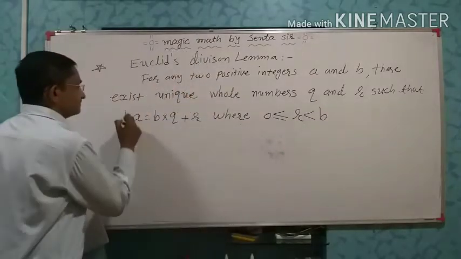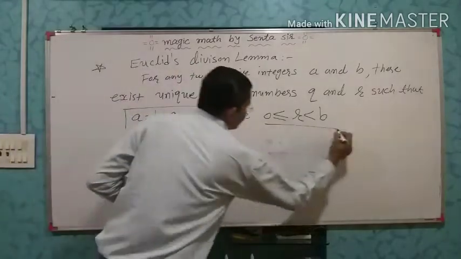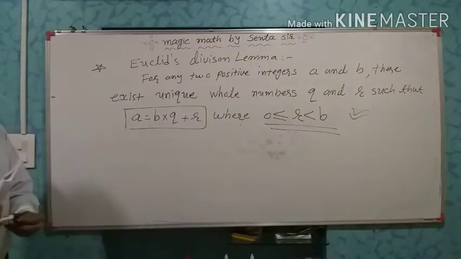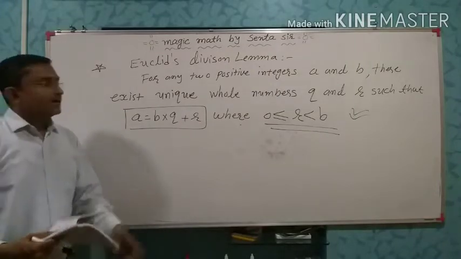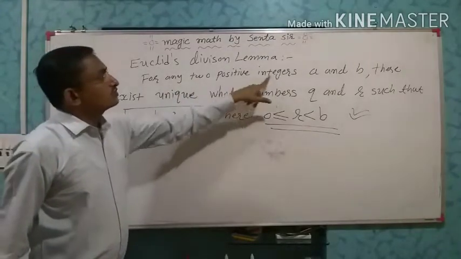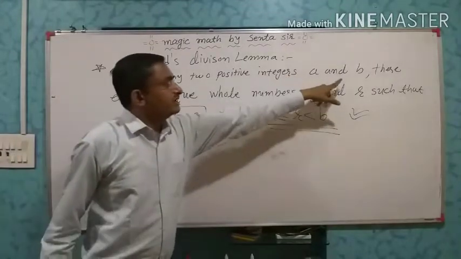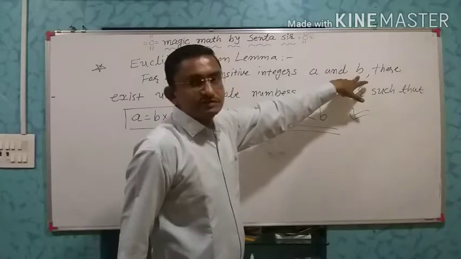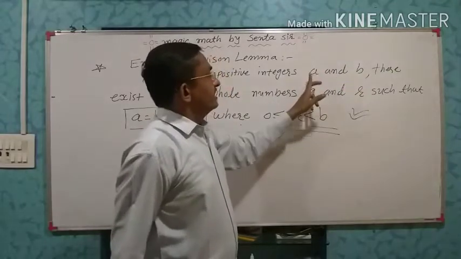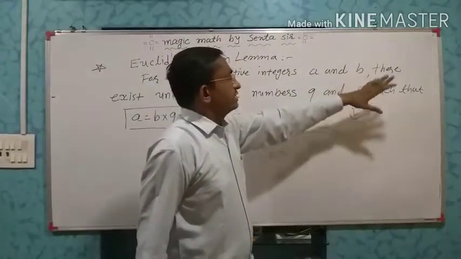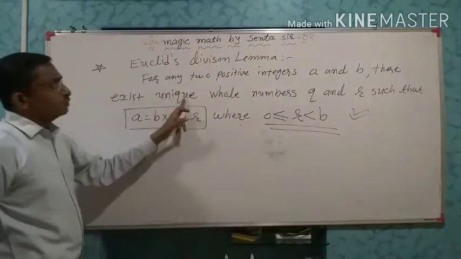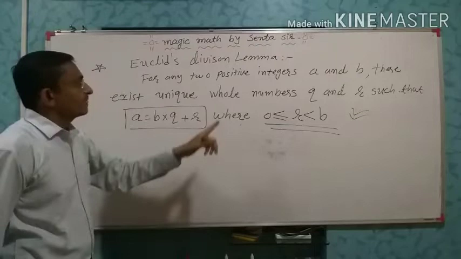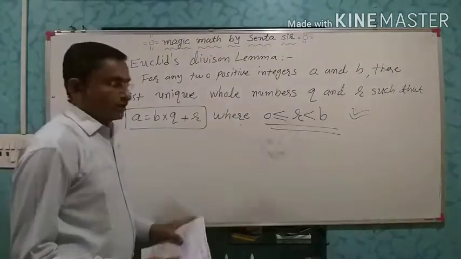Very easy. It is very important for 1 mark questions, right? Euclid's division lemma: for any two positive integers a and b, a means dividend, b means divisor, there exist unique, means one and only one, whole numbers.